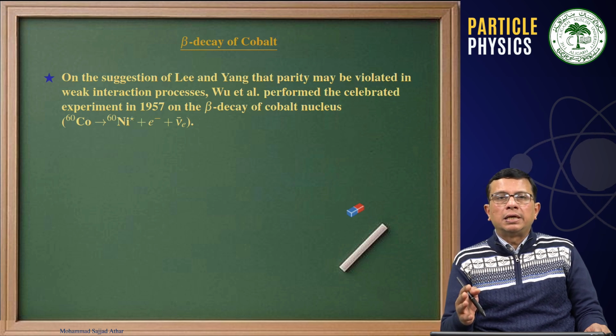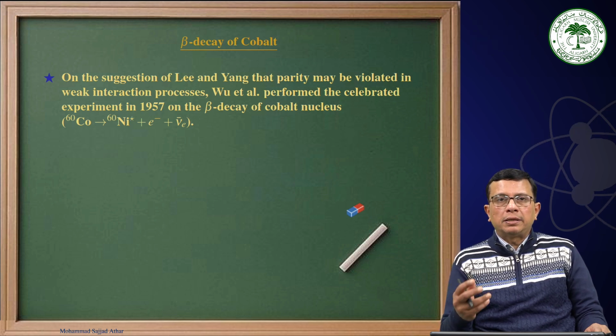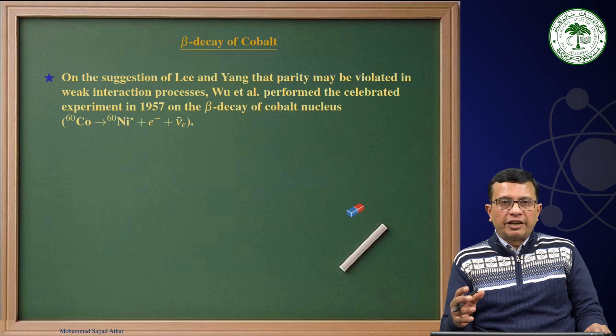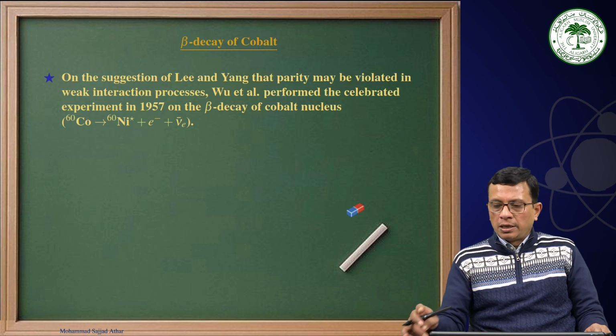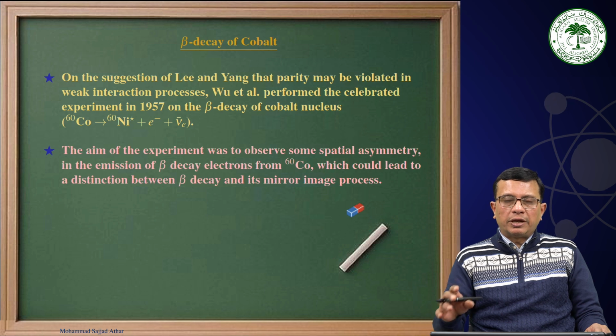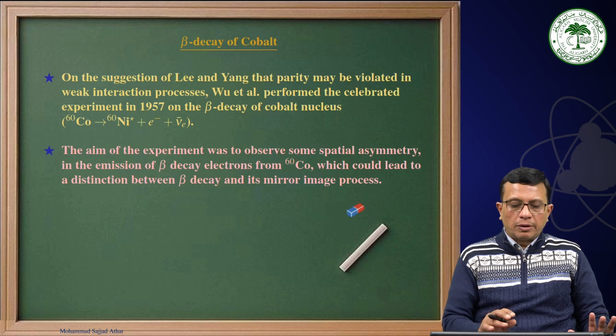To polarize the nuclear spin, they put a magnetic field, and to keep the thermal vibration at the lowest level, they cooled it. Therefore, there was a magnetic field as well as cooling.